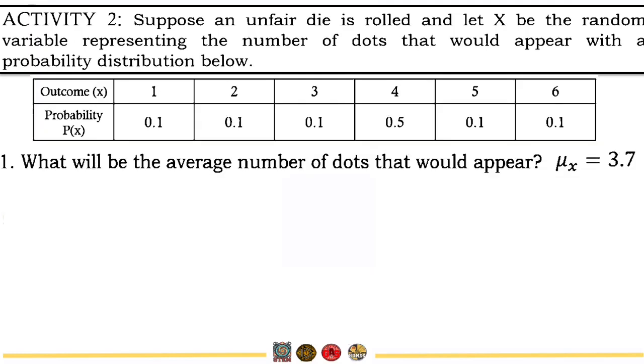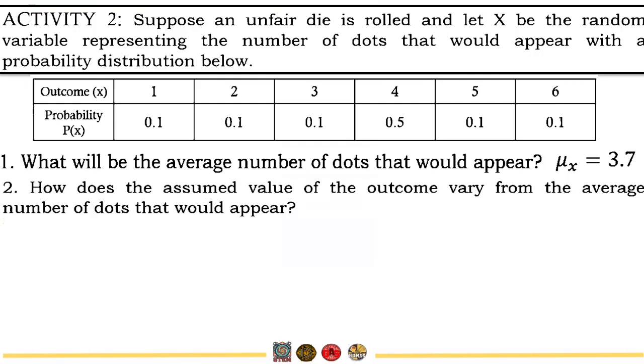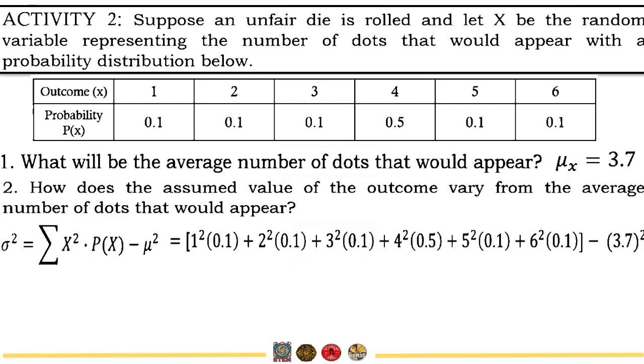We will use the same table, the same situation. Number 2: how does the assumed value of the outcome vary from the average number of dots that will appear? From the word vary, we will use the formula for variance and standard deviation. First, solve for the variance.